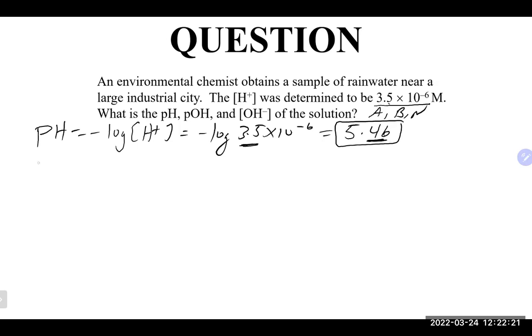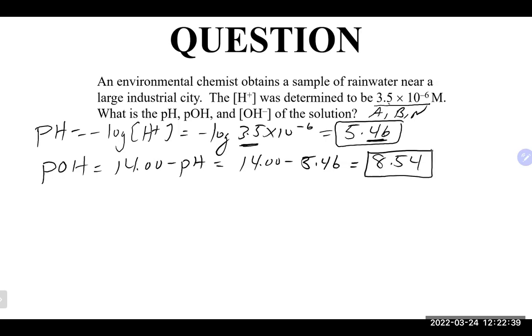Now that I got that, I can very easily find the pOH, which is basically 14 minus the pH. That would give me 14 minus 5.46, and looks like 8.54 would be our pOH. What is left looks like the OH minus concentration. Now that I have my pOH, the OH minus concentration is the inverse log of the minus pOH.